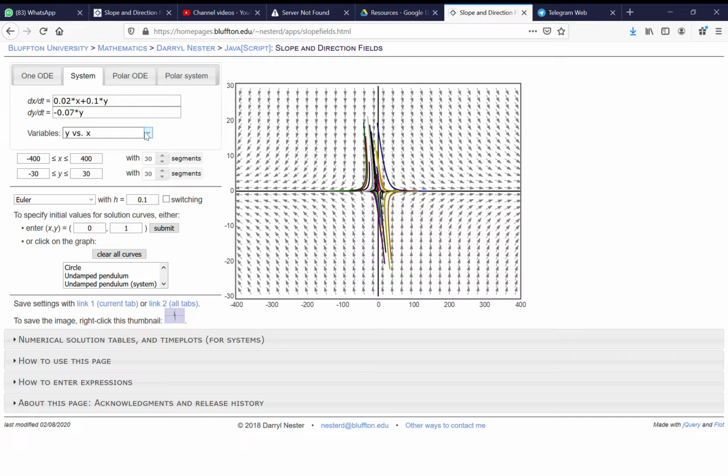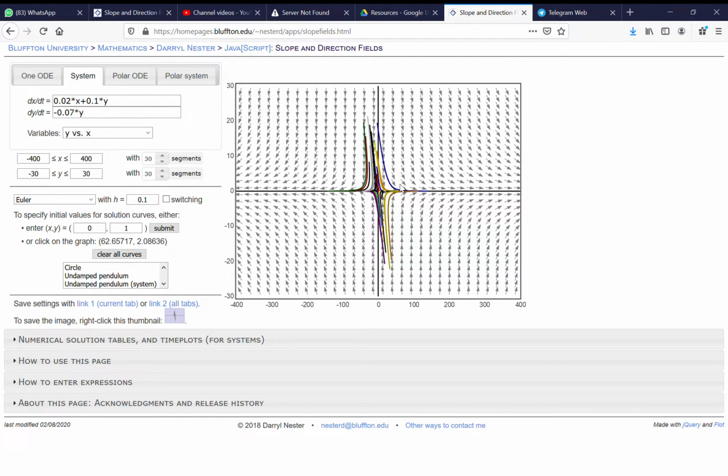So if we choose y versus x here, then in the phase portrait we have the vertical axis as y and the horizontal axis will be x. For an example system, I type in the equations, and we will get this form.